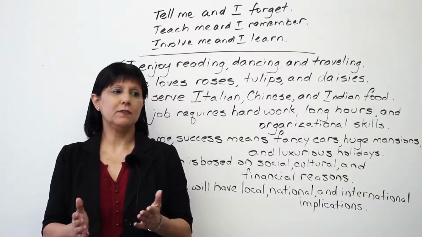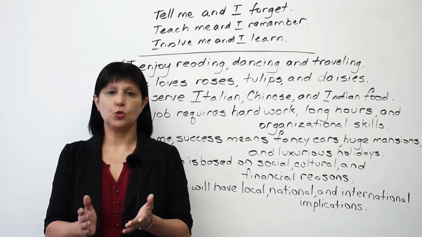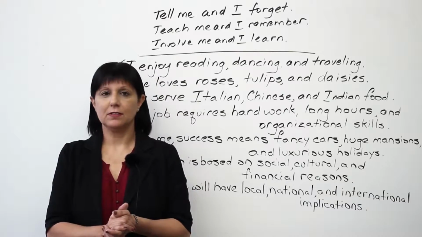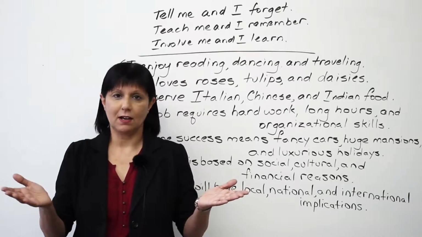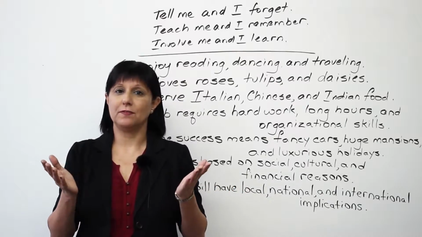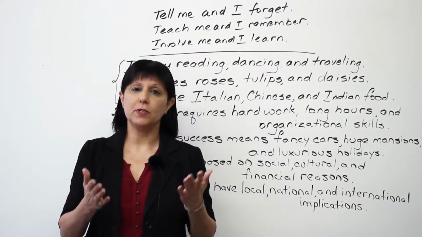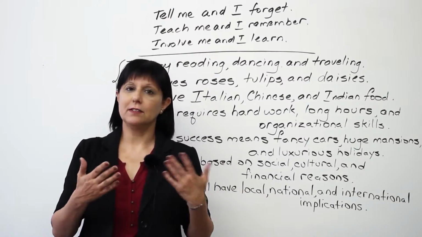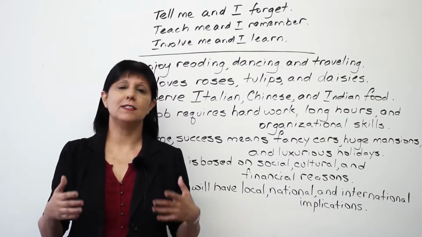Well, if you give one example of something, like I enjoy reading, well, it's just one example. It shows you don't have too many ideas. And you're also not displaying too much vocabulary. If you give two examples of something, it's a little bit better. But if you give three examples, it's excellent.